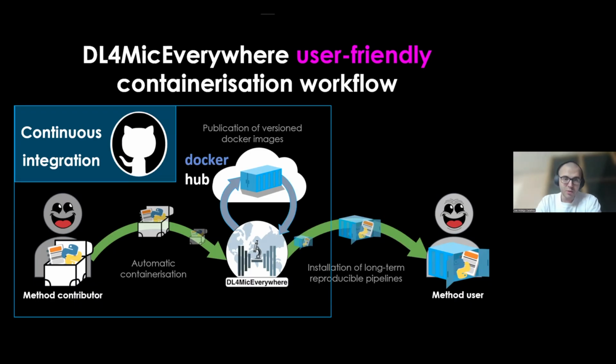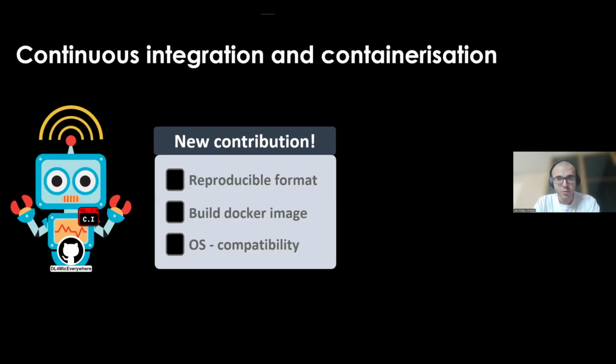All these things that I was mentioning all the time that they were done automatically, the containerization, the checking, the uploading to Docker Hub, are done using the continuous integration system provided by GitHub, the GitHub Actions. The way that it works is that, okay, when someone contributes with this configuration YAML that I was mentioning, it will go and check in different steps. It will check that it's a reproducible format, that you can actually build a Docker image with it, that everything is right.